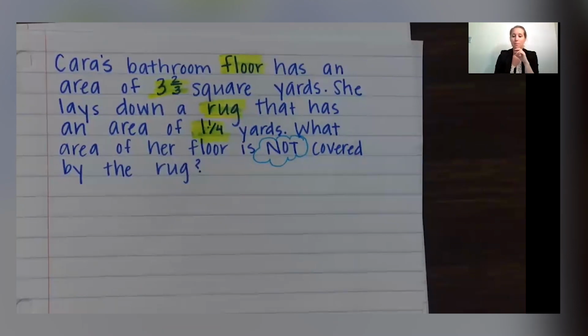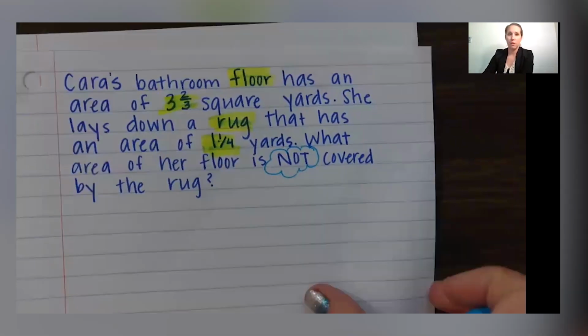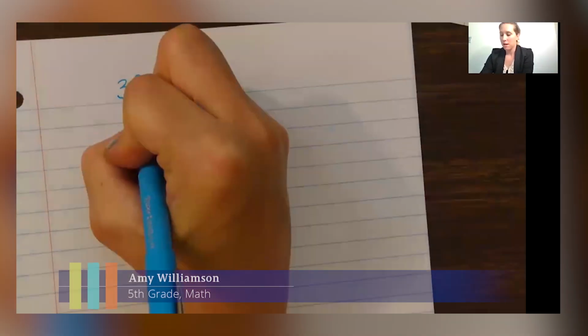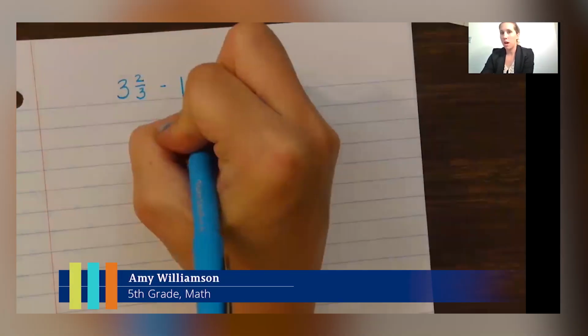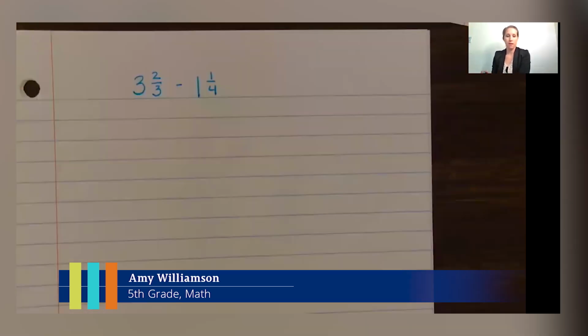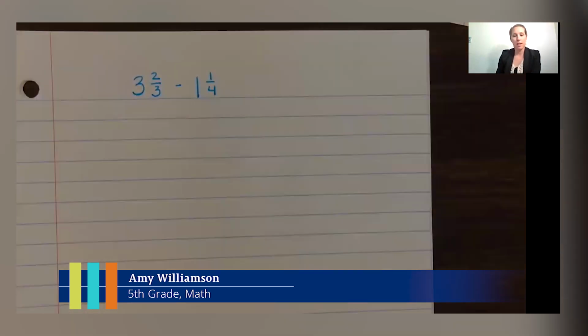We're going to subtract them because we want to know the difference in the areas instead of how much in all. Very well said. All right, so make sure you write this problem down. Are you ready? 3 2/3 minus 1 1/4. Let's solve this one using a number line.